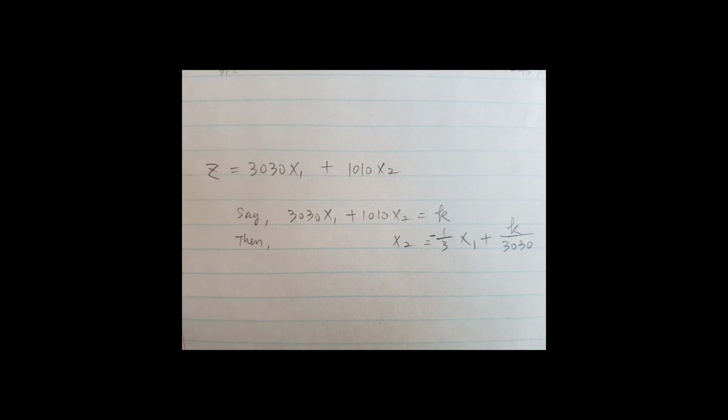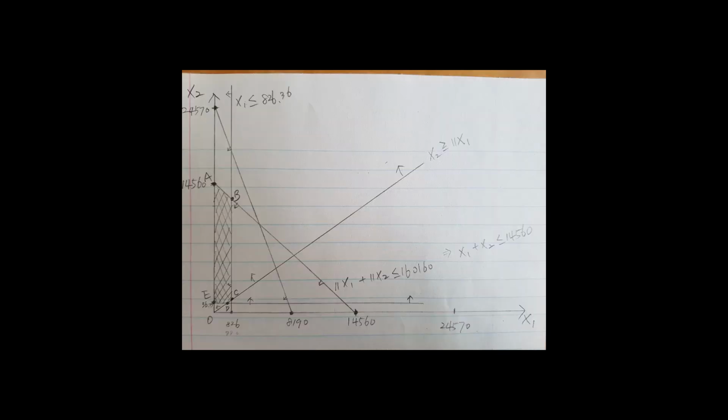The slope of this equation is negative, and therefore, if you go back to the previous graph, here the slope is negative, and the ratio between x2 and x1 is 1 to 3. Therefore I find that the more x1 you have, the higher the z-score or objective function will be.